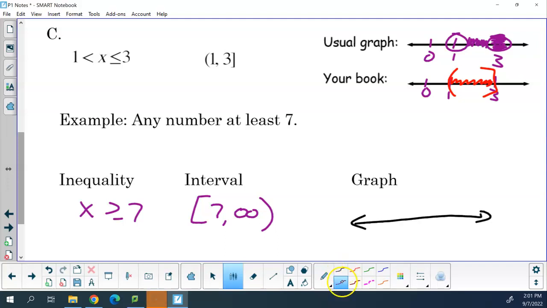Open circle or closed circle? So I went closed circle above 7. I went x greater than or equal to 7. At least 7, 7 or bigger. Good? Questions?